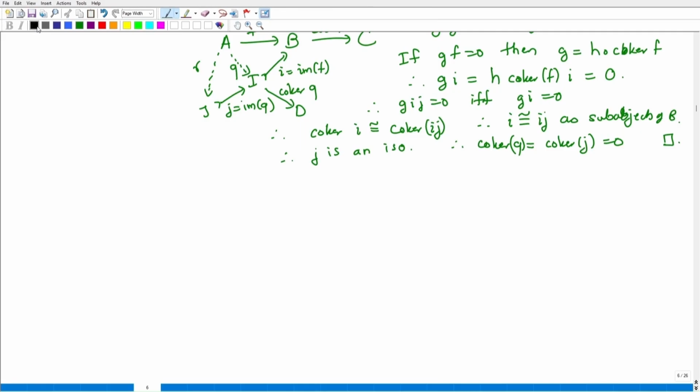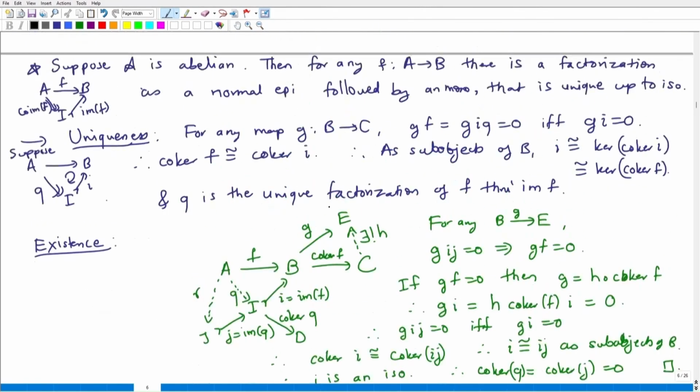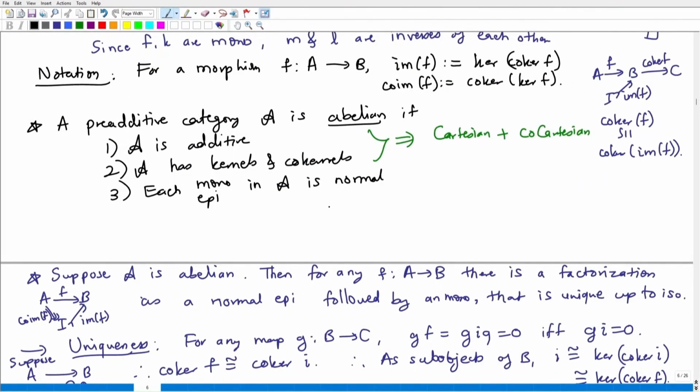Okay, so this is existence and uniqueness of image factorization. Let me state some properties of abelian categories. As I already pointed out, please look at the definition.